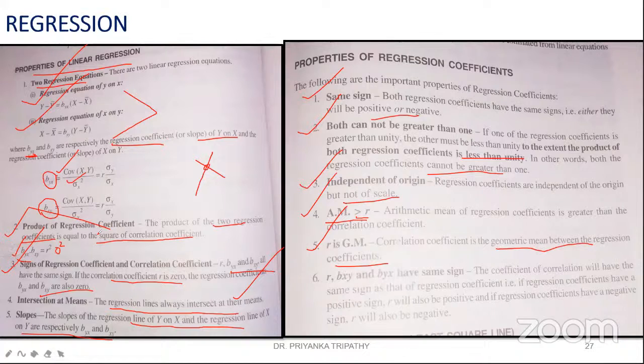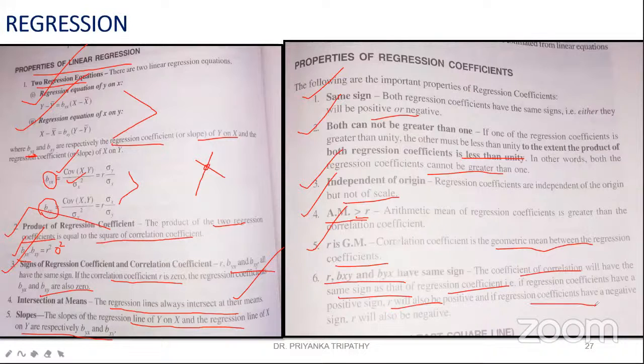That means the correlation coefficient is the geometric mean between the regression coefficients. Suppose we find the regression coefficients byx and bxy, then definitely the geometric mean of those two values is the correlation coefficient. And r, bxy and byx have the same sign. If r is positive, the regression coefficients will be positive.